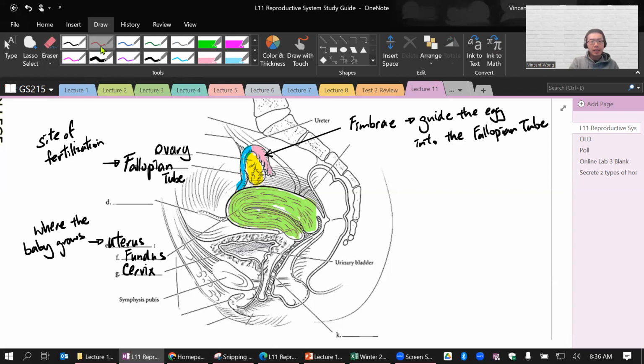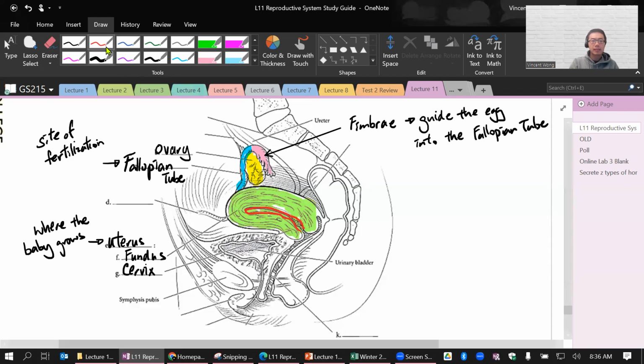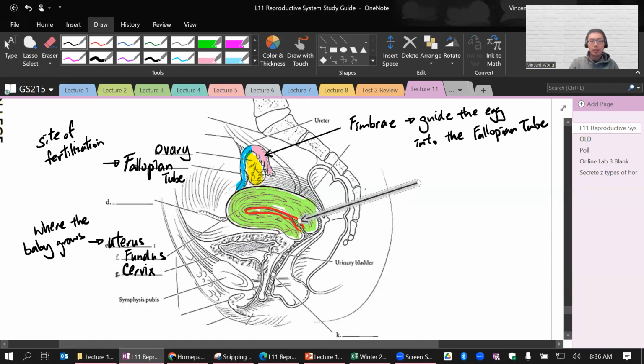Now, the lining of the uterus, it's right here, just the inner lining. Okay, so that is called the endometrium. Okay, endometrium, this is the inner lining of the uterus.